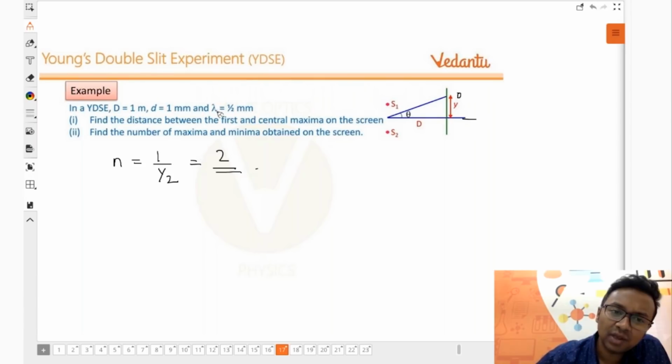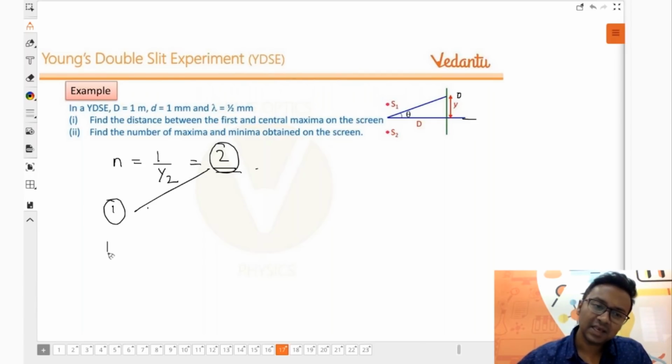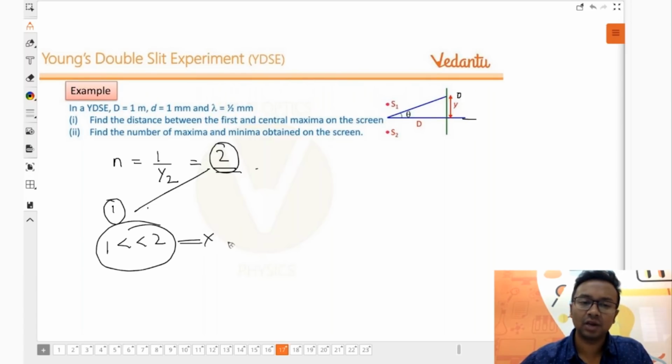So when I am talking about this, here the value of d by lambda is just 2, and I am talking to you to find out the distance for the first maxima. Compare these two values. Is one much, much less than 2? Definitely not.